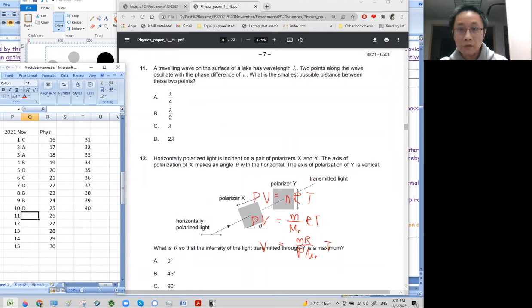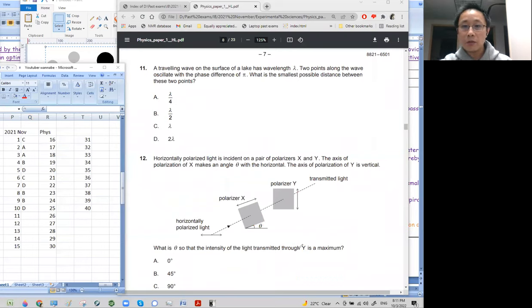Okay, question 11. A traveling wave on the surface of a lake has a wavelength lambda. Two points along the wave oscillate with a phase difference of pi. Phase difference of pi should mean that they are out of phase, and if they're out of phase, they simply have half a wavelength of path difference. And is there an explanation for it? Well, it's just how people translate wavelength, path difference, and phase difference.